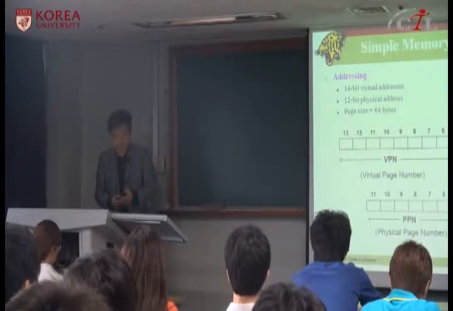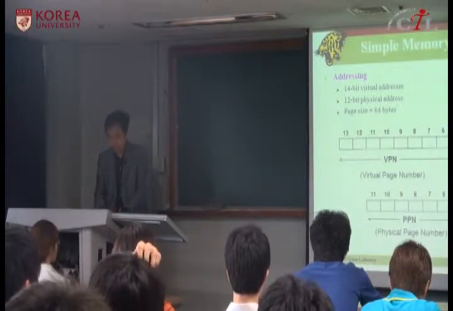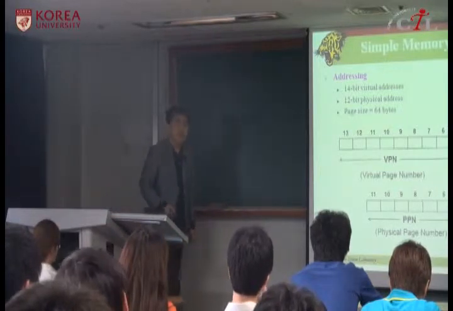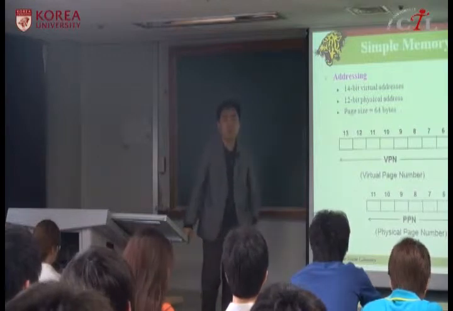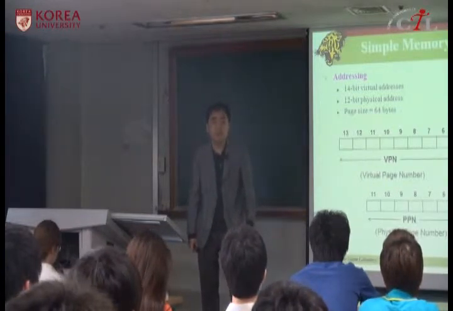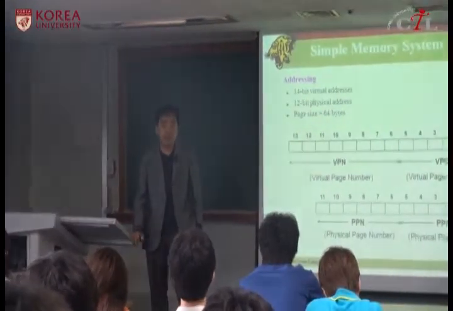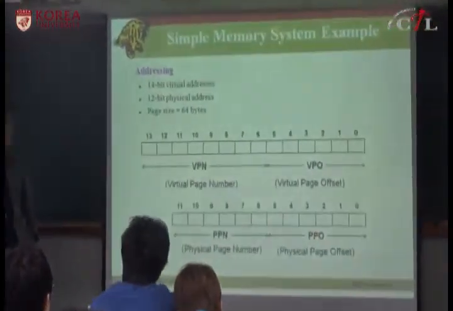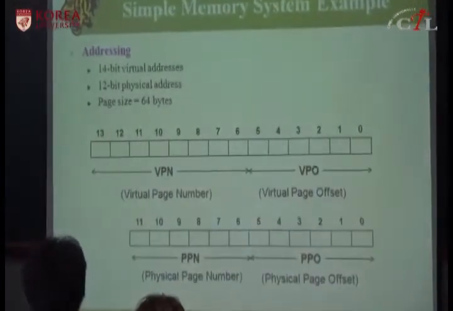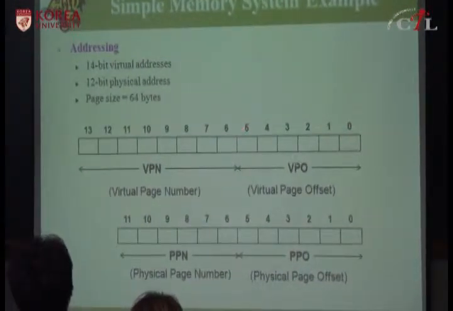Right? Exactly. 16 kilobyte. That's right. What is the maximum DRAM size? 4 kilobyte. Okay? And page size is 64 bytes. So which means page offset is 6 bits and remaining 8 bits are virtual page number.